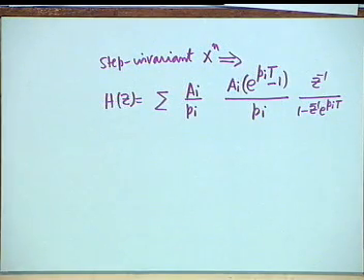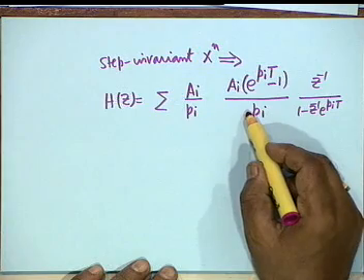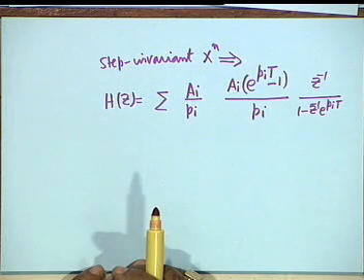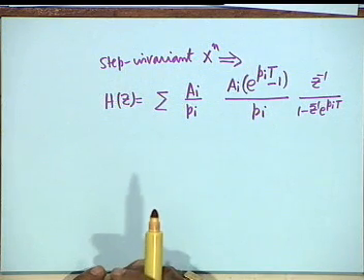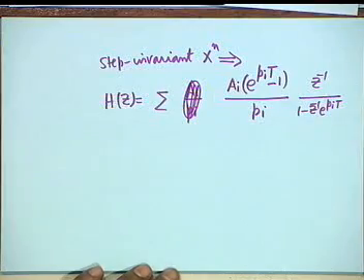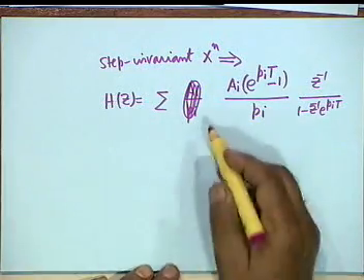Have I made a mistake? In the denominator? The two pi's in the pi by pi, then again. Oh yeah. Okay, I beg your pardon. Yes. This would not be there.